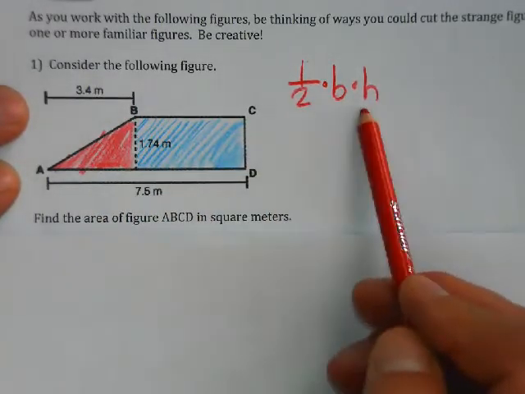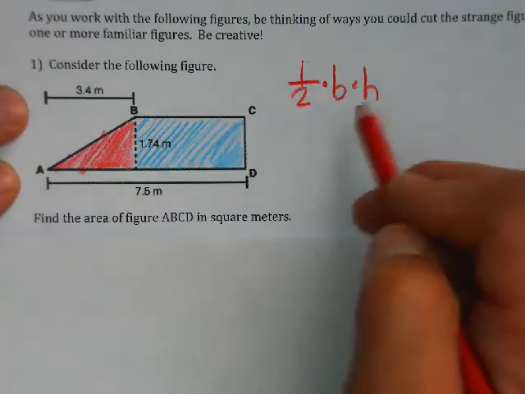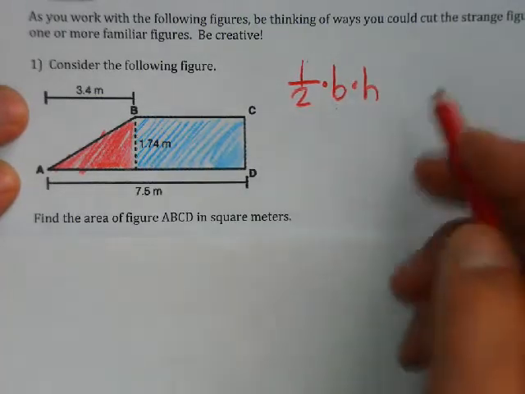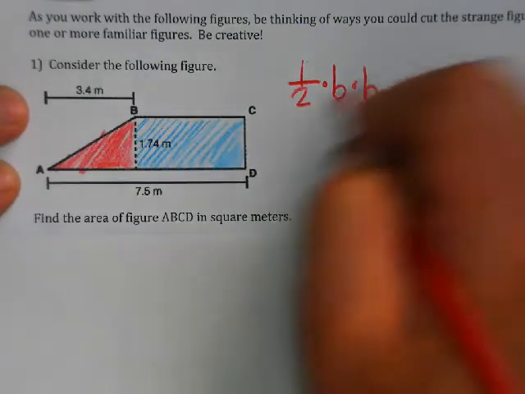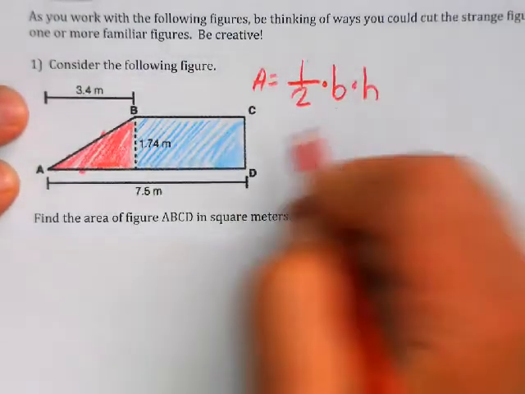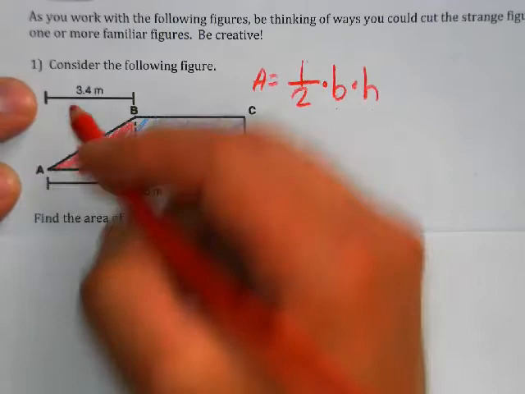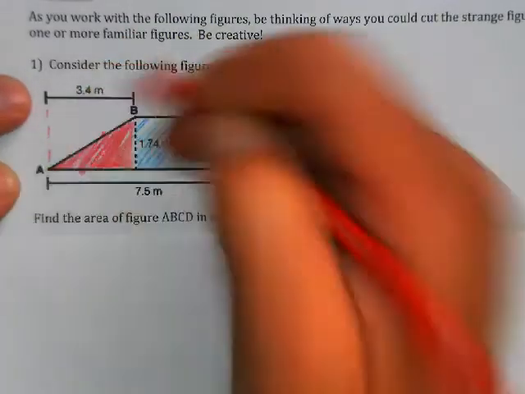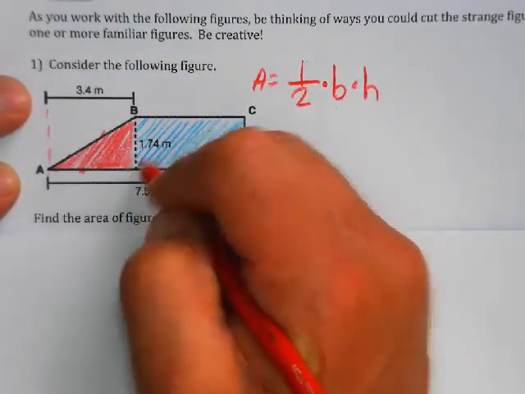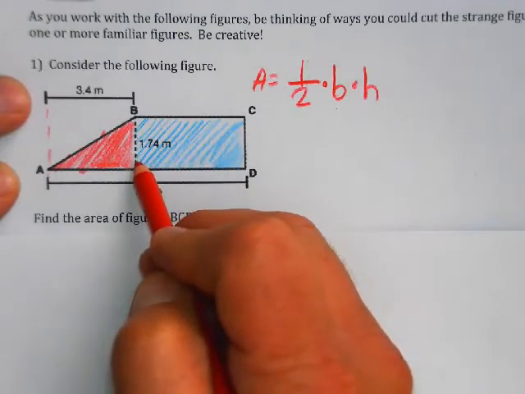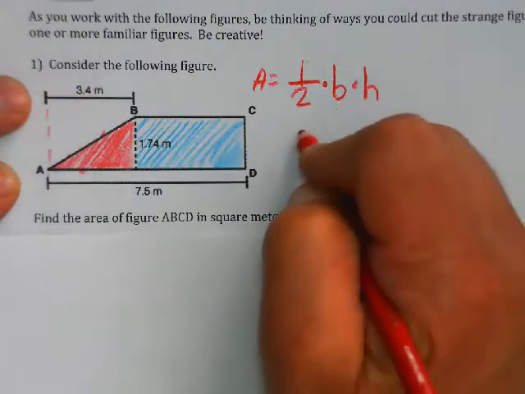We are going to break this down into 2 separate problems, and then we're going to add them together, right? So here we go. Here's our first triangle. We've got 3.4 meters by 1.74 meters high. So let's take a look.